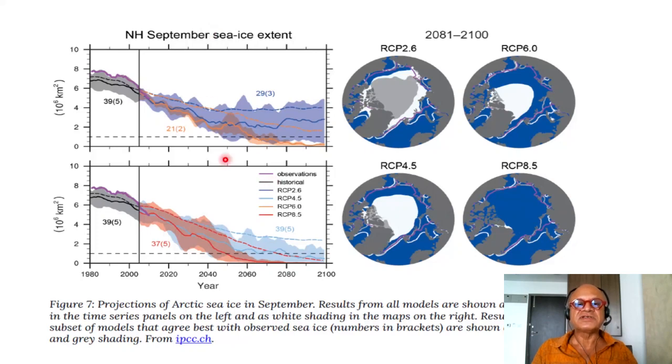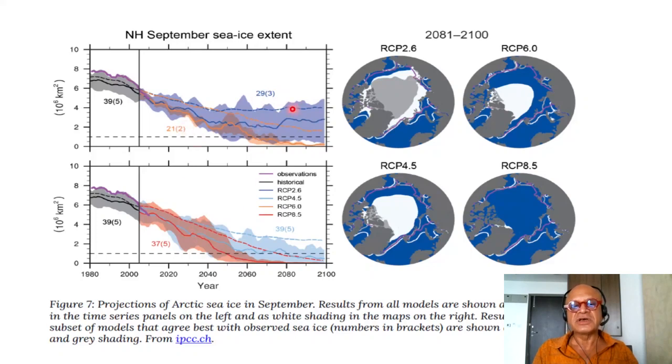So here are various models, the average of all models and the best models that agree with the historical observations, shown with the range of models, with the model numbers involved and the number of scenarios and so on. Lots of details there.